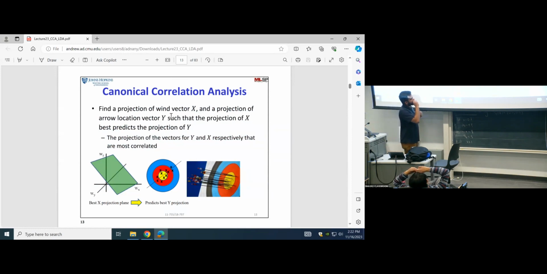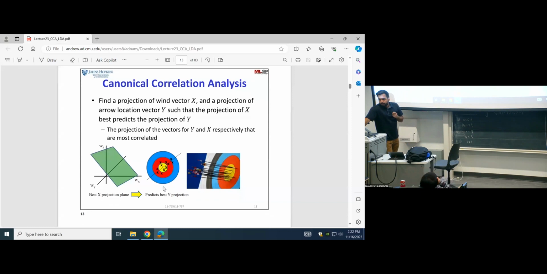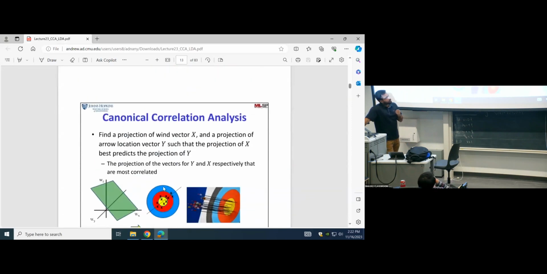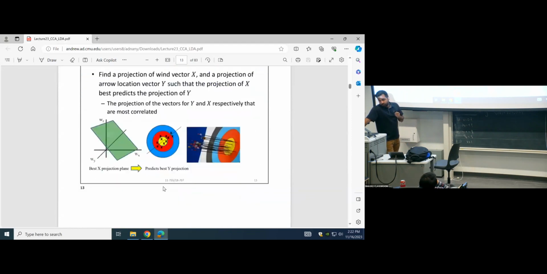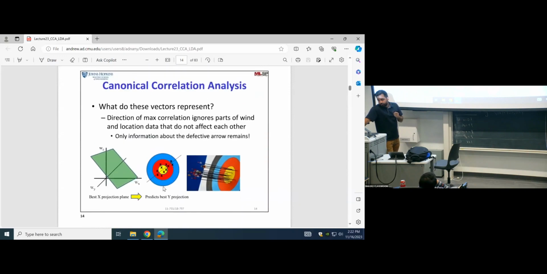We're trying to see, okay, here's how y is, here's how x is. Now we have to see the inner joint relationship between the two. This is what CCA tries to do. When you see the equations of CCA, it'll make more sense to you. Let's see, direction of max correlation ignores parts of wind. Yeah, this is saying the same thing.